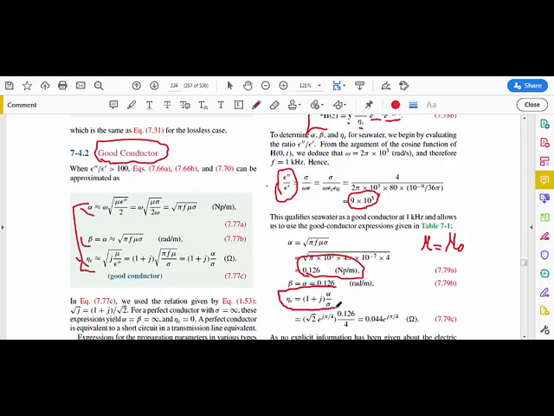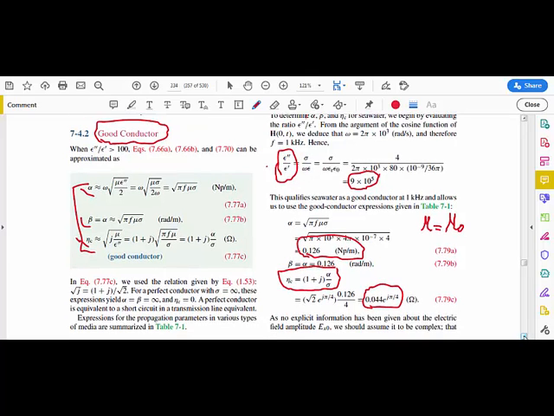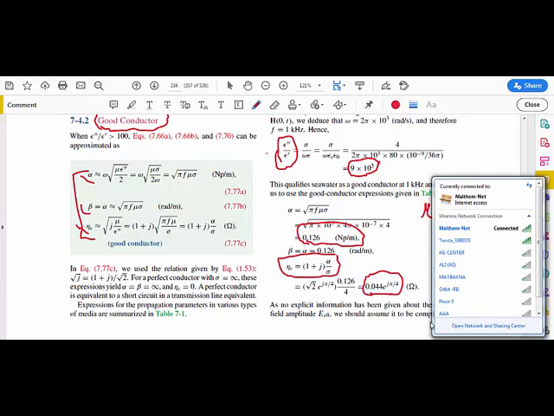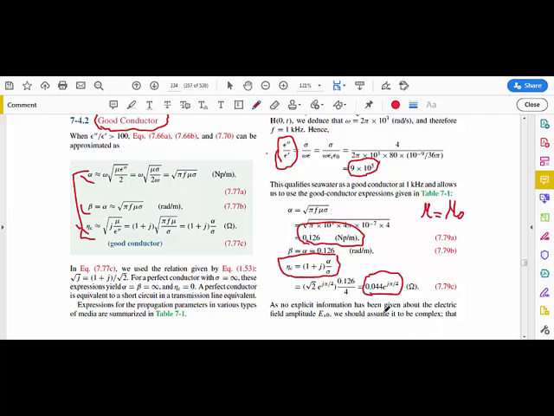The intrinsic impedance can also be calculated and expressed as magnitude and phase: 0.044 exponential j pi over 4. This is the magnitude and phase of the intrinsic impedance. Now we have alpha, beta and the intrinsic impedance. That's good.